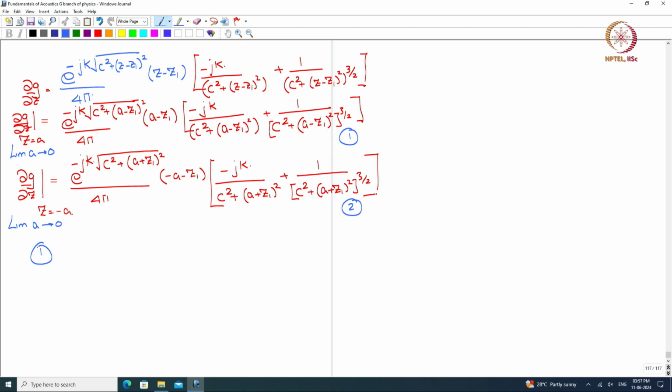Term 1 ends up looking like e to the power of minus jk square root c square plus z1 square, by 4 pi, times minus z1, minus jk by c square plus z1 square, plus 1 over c square plus z1 square to the power 3 by 2.